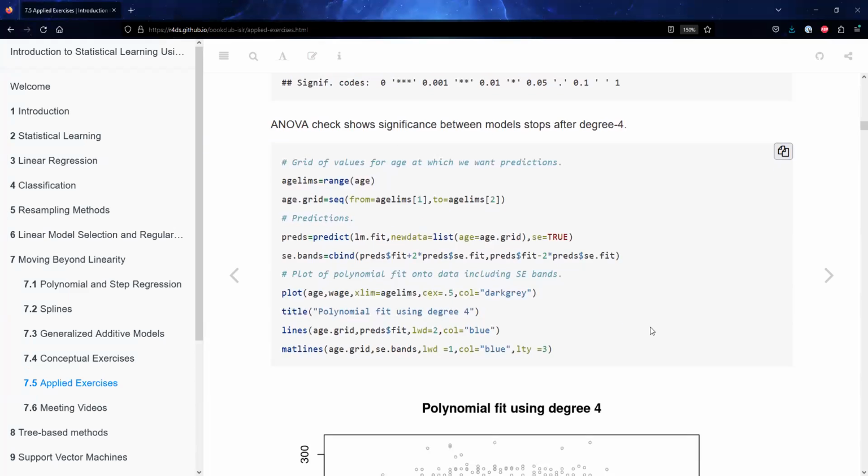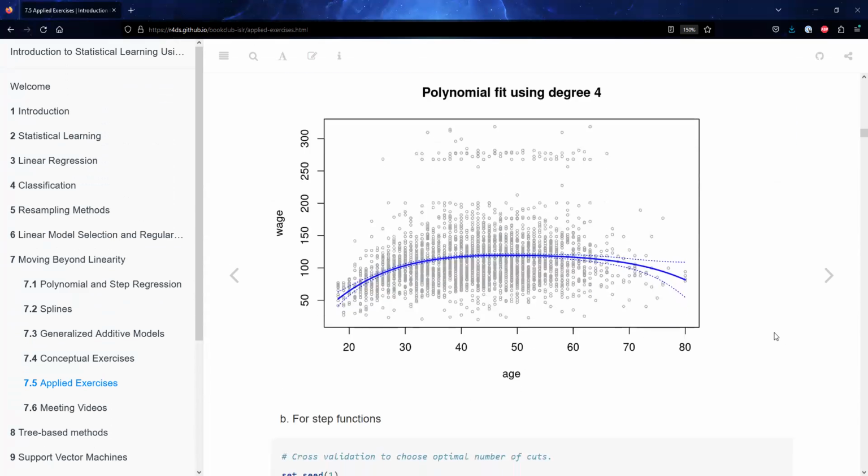And then looking at the graph with our degree 4 polynomial, we have a smooth function. We have some arguably tight or close confidence interval bands as well on our wage data.